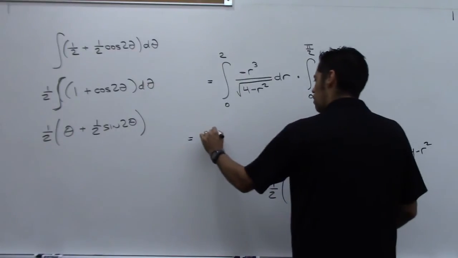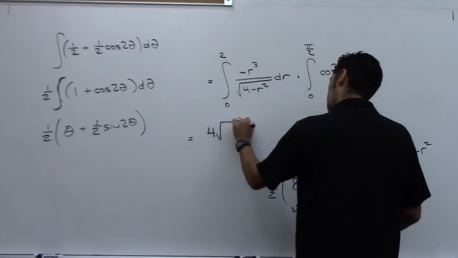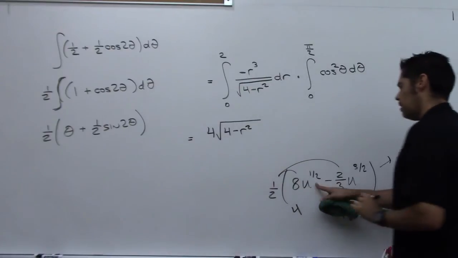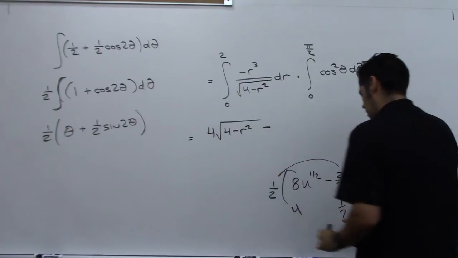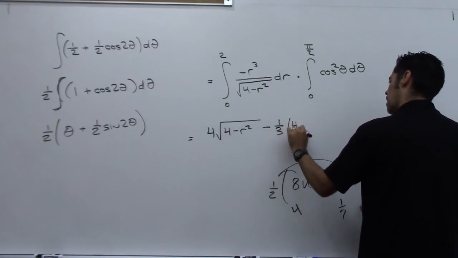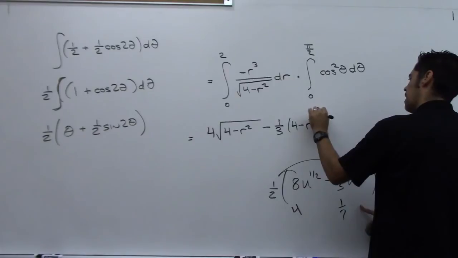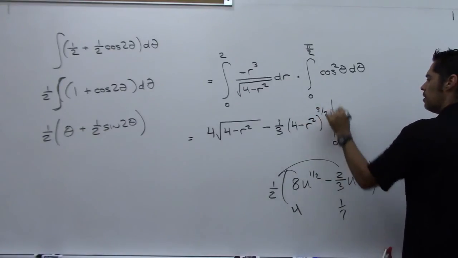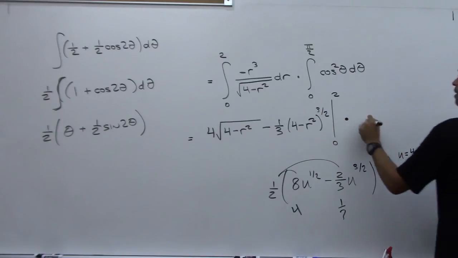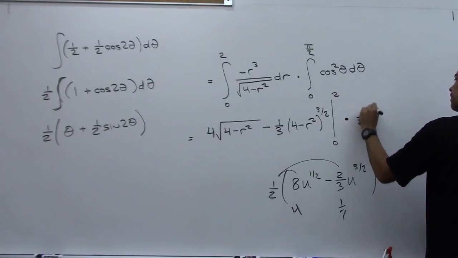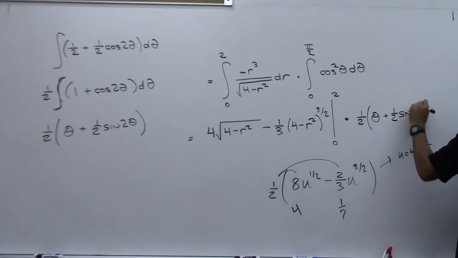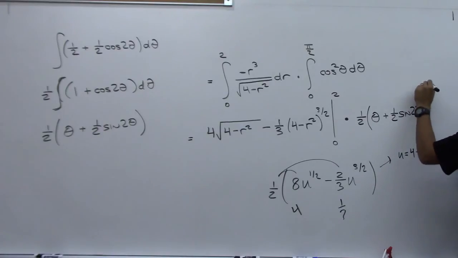So I'm going to have 4 square roots of u, minus 1/3, 4 minus r squared to the 3/2, evaluated 0 to 2, times, now this one is 1/2 times theta plus 1/2 sine 2 theta, evaluated 0 to pi over 2.